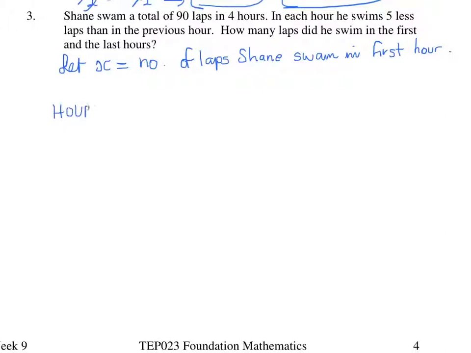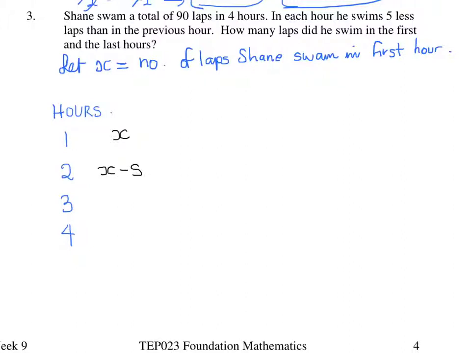We know he swims for 4 hours. So there's the first hour, the second hour, the third hour, the fourth hour. We know that in the first hour he swam x laps. And in the next hour it was 5 less laps than in the previous hour, so that must be x minus 5.